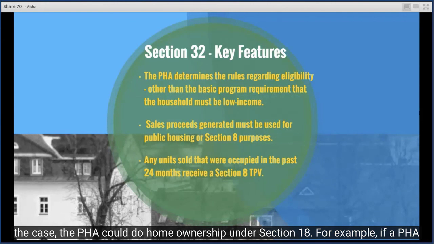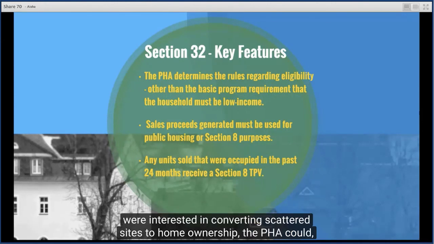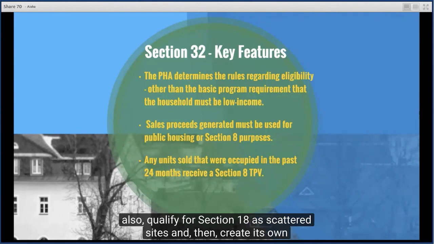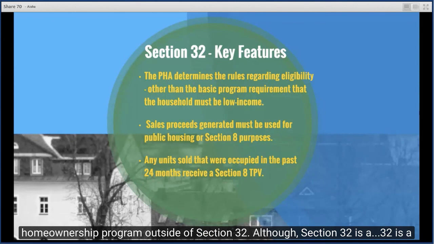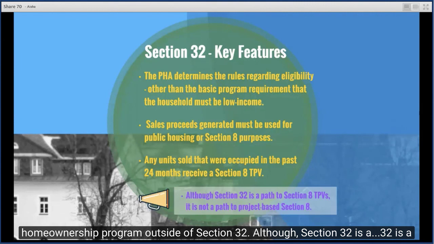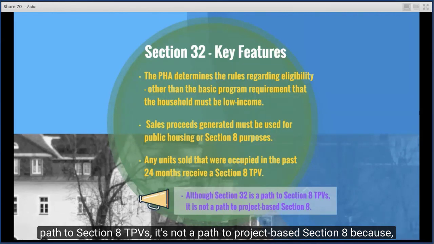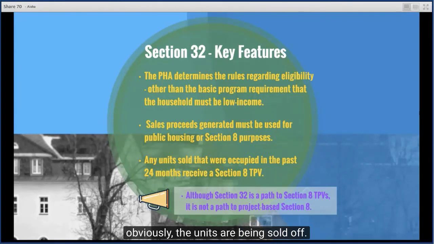For example, if a PHA were interested in converting scattered sites to homeownership, the PHA could also qualify for Section 18 as scattered sites and then create its own homeownership program outside of Section 32. Although Section 32 is a path to Section 8 TPVs, it's not a path to project-based Section 8 because obviously the units are being sold off.